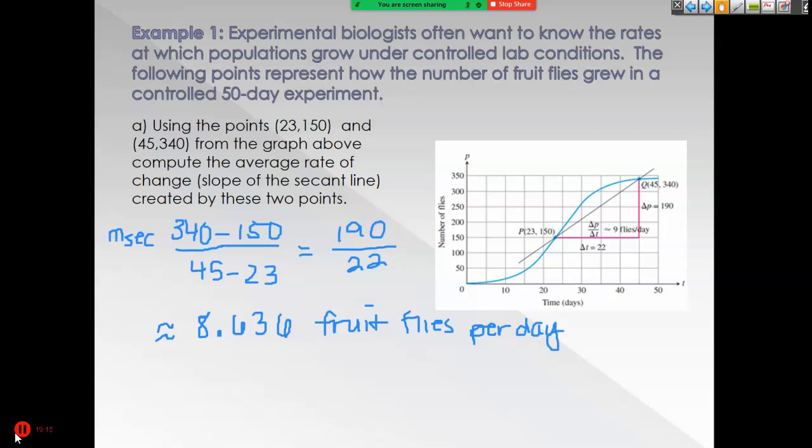So from day 23 to day 45, we added 190 additional fruit flies. So the average rate of change is a growth of 8.6 fruit flies per day.